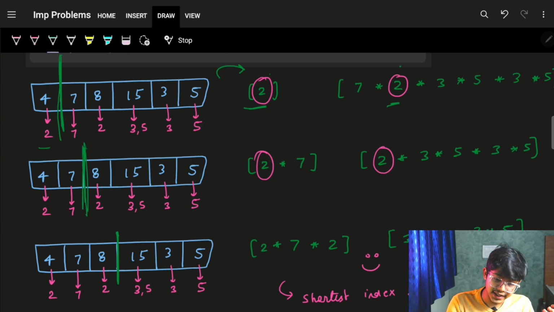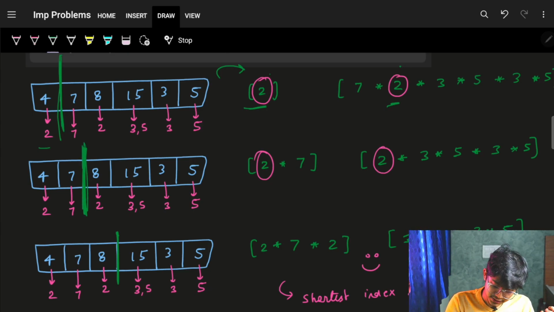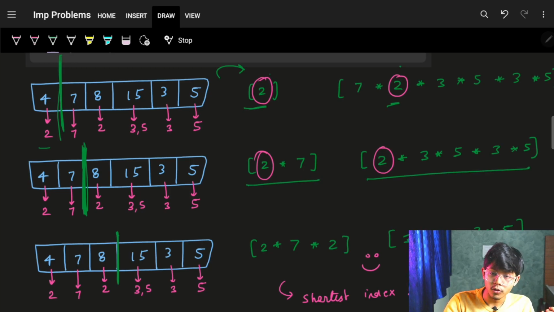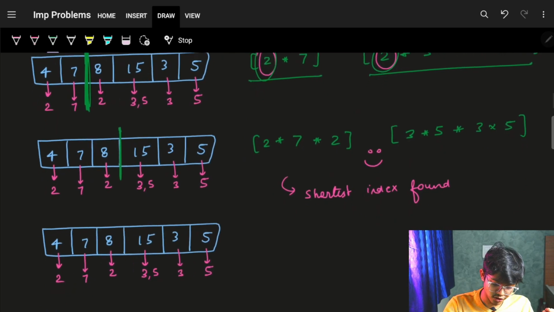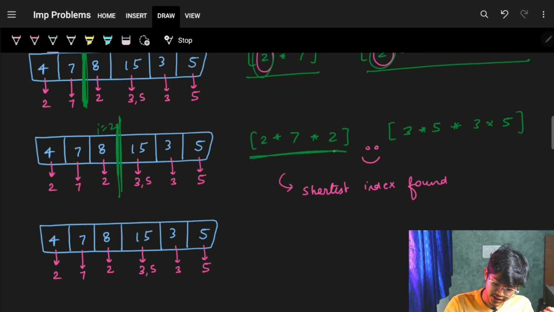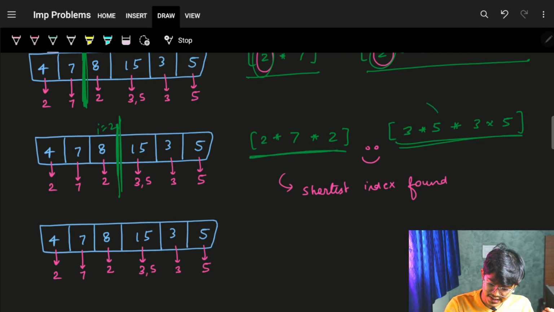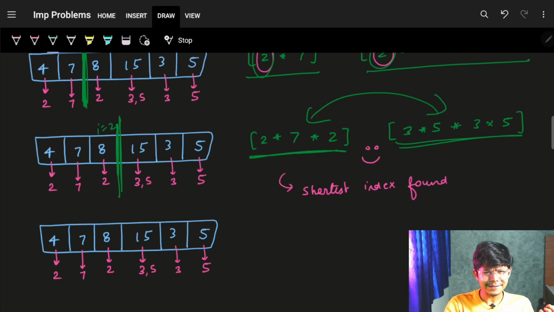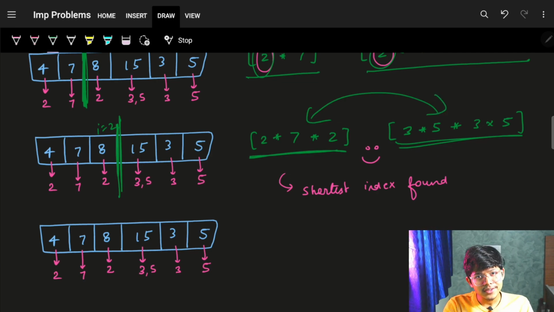Let's say we split right here, then again 2 is common. If we split at this particular index I equal to 2, then we will have this and we will have this. You can easily see, oh interesting, there are no common prime factors.